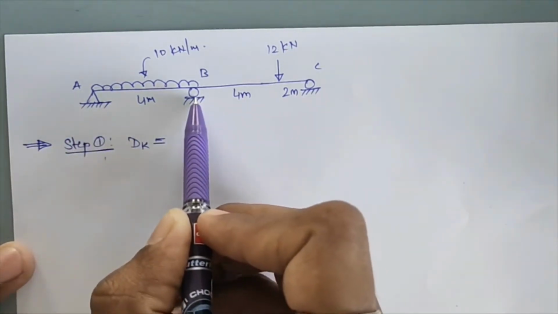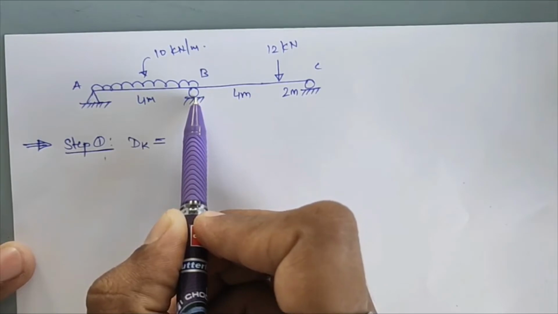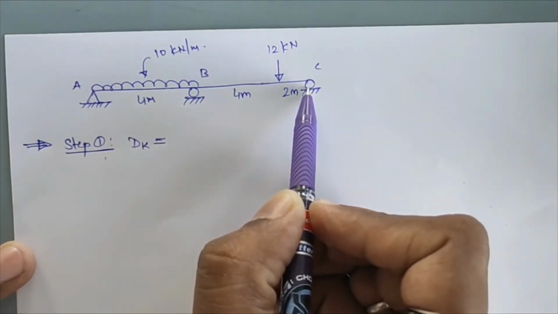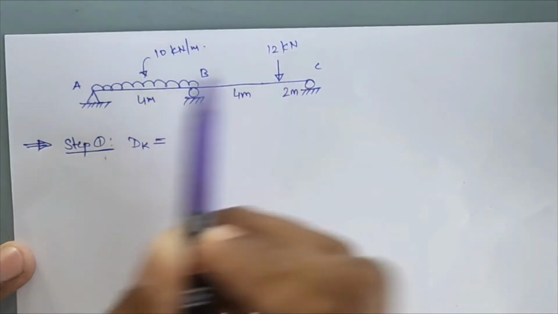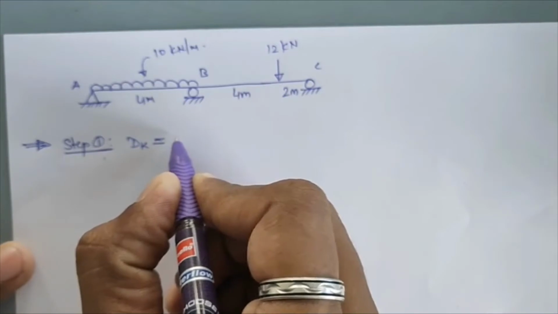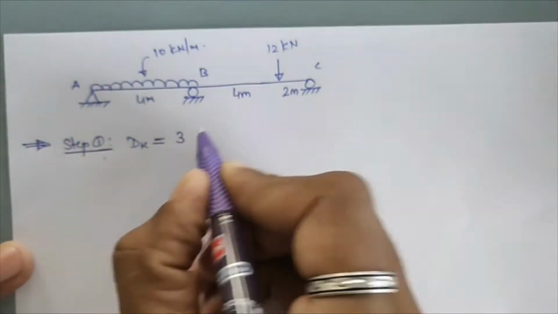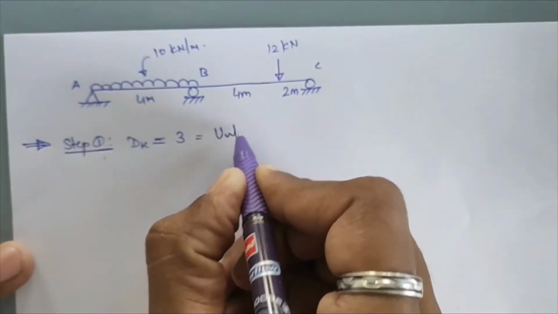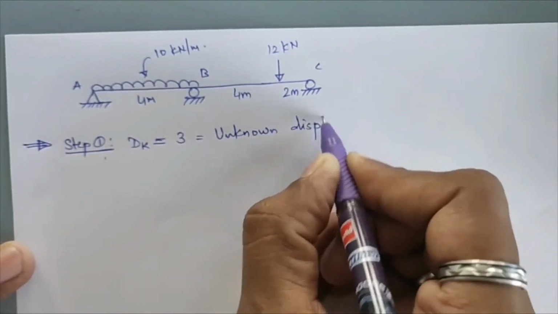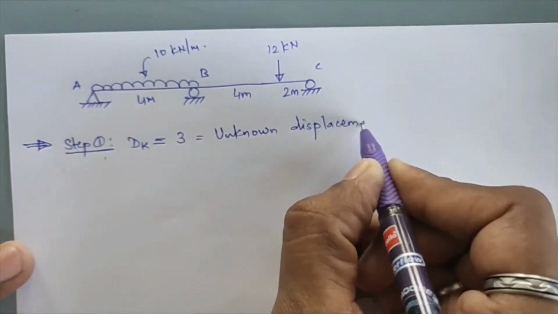At support B it is a simple or roller support, so here also dk will exist. At C there is again a roller support, so here also dk will exist. So all three supports will have dk value. The total dk, that is the number of unknown displacements, is equal to 3.